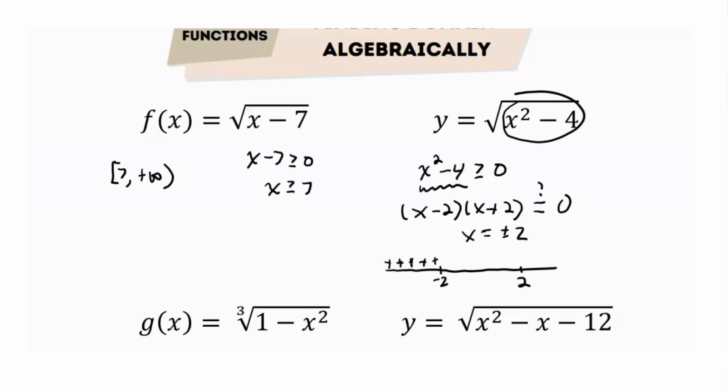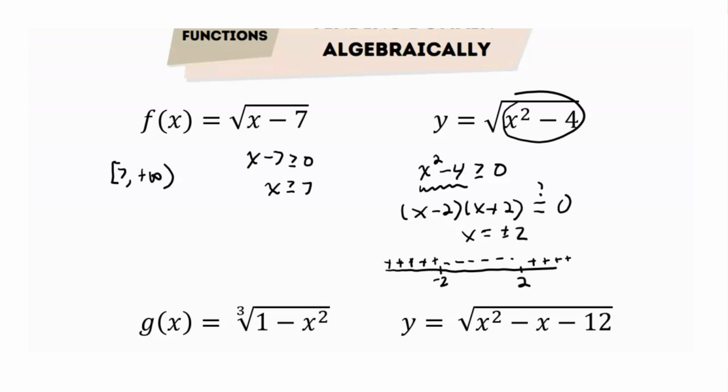If I plug in a test point between -2 and 2, if I plugged in 0, I would get a negative result. And if I plugged in a value bigger than 2, I would get a positive times a positive, so that would be positive.